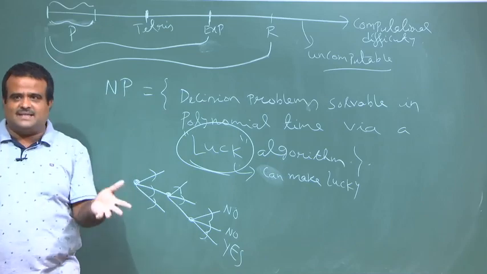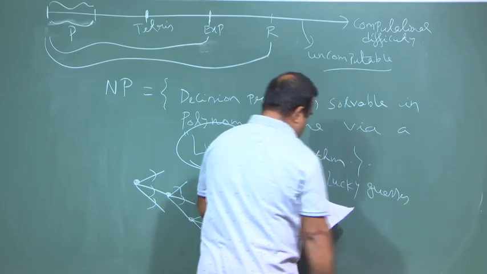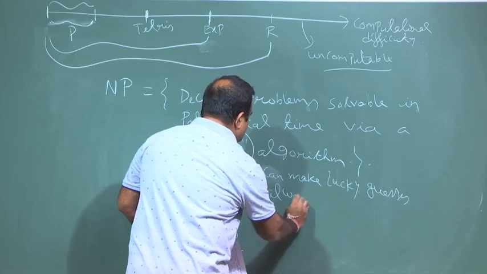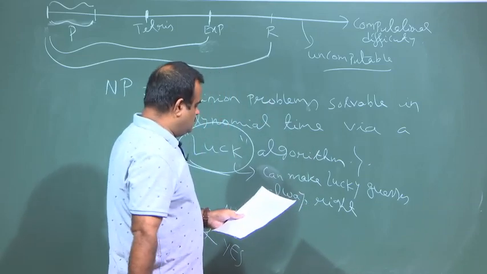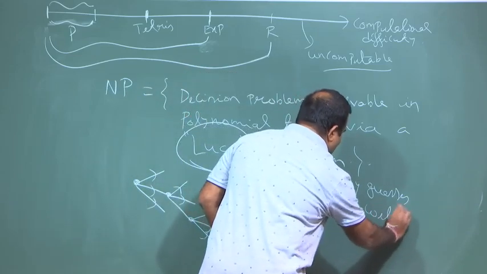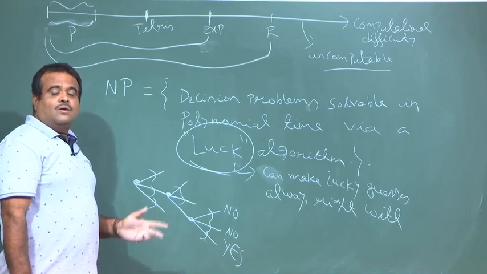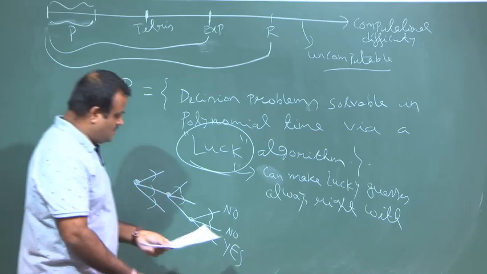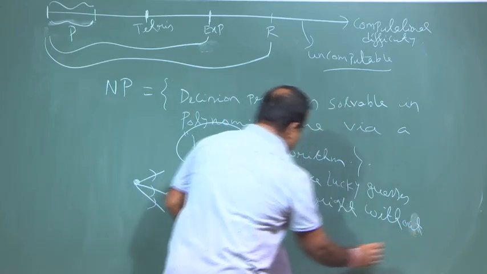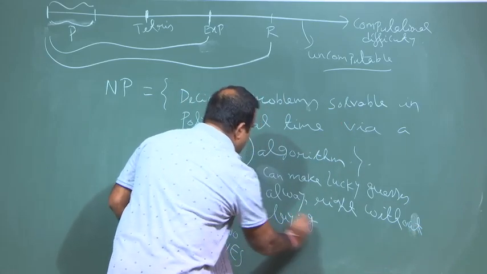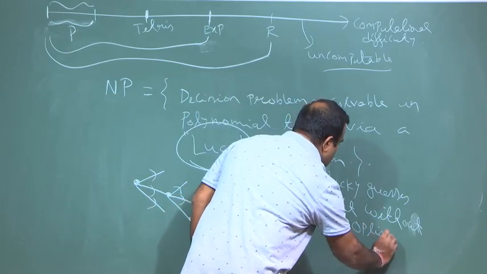That is basically magic. We can always make lucky guesses without trying all options. In a dynamic programming problem we try all options, but here we are just choosing one option, and that is a good guess, by magic.